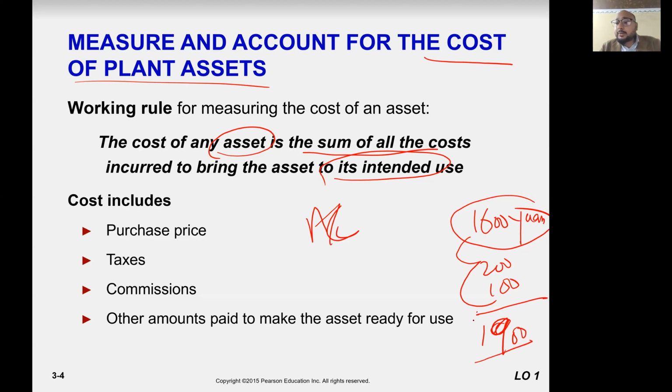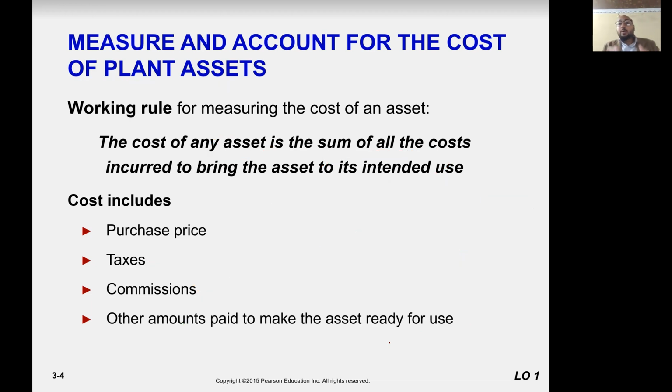So your cost of AC would be written on the balance sheet as 1900. Cost includes the purchase price, any taxes, any commissions, and any other costs. The rule is all the costs that you pay until the first time the asset is run.